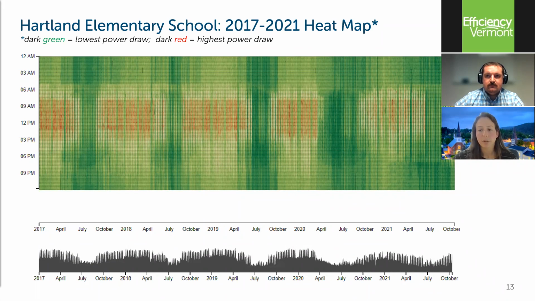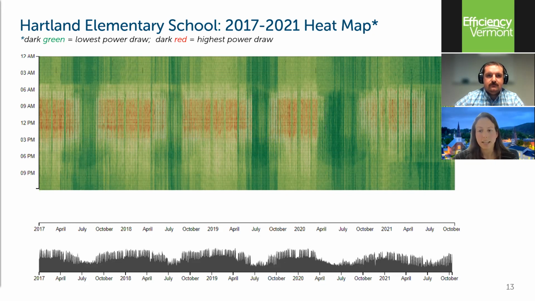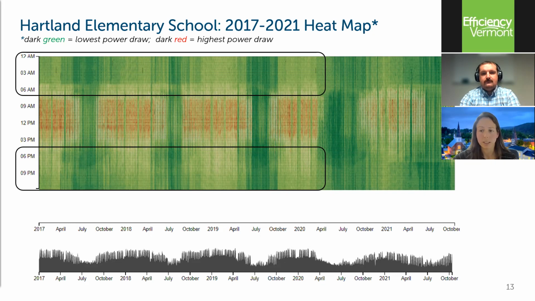And then yellow is obviously in between. So as you would expect for a school, Heartland uses the most power from 8 in the morning to 3 in the afternoon when classes are in session. That's when lights are on, computers are being used, cooks are in the kitchen, HVAC system is running. And then in the early morning and at night, when the school is empty, power draw is much lower, hence the yellow-green color.